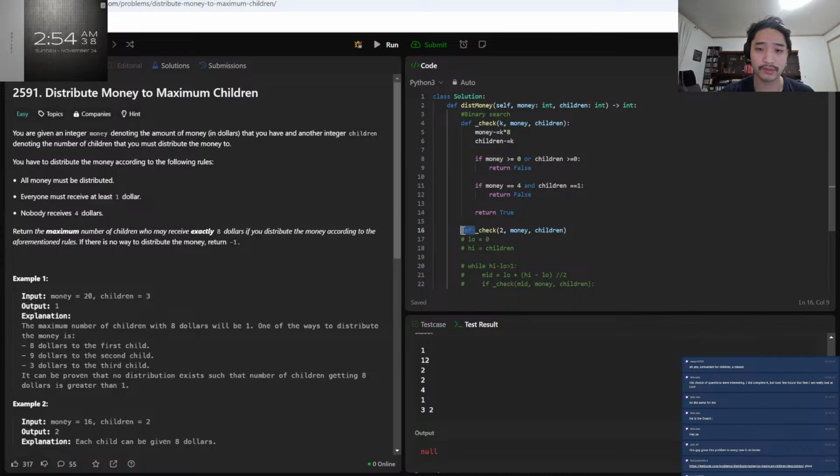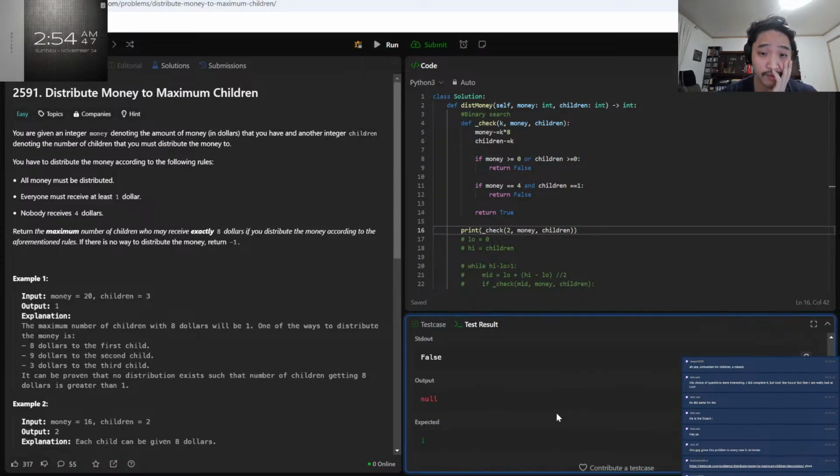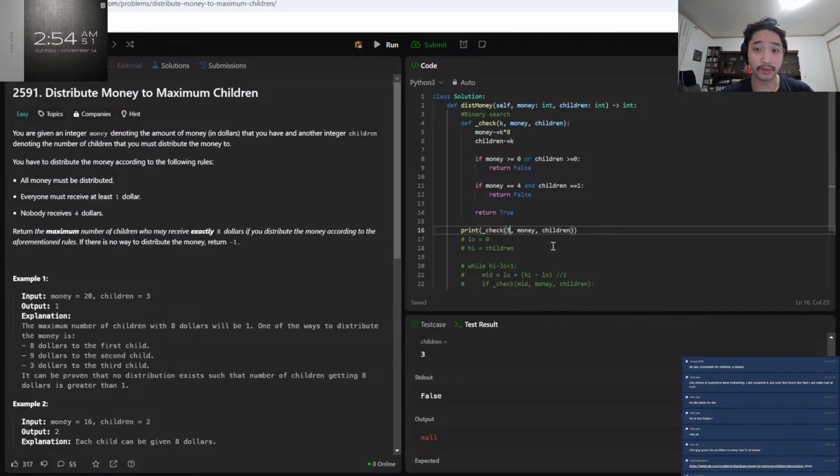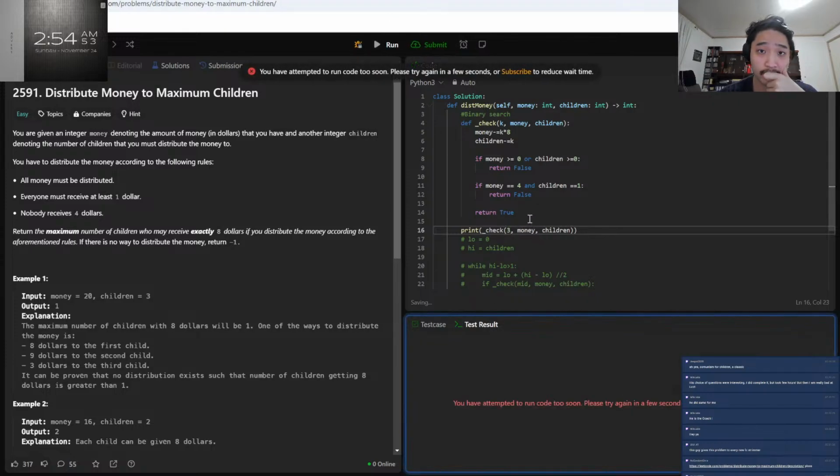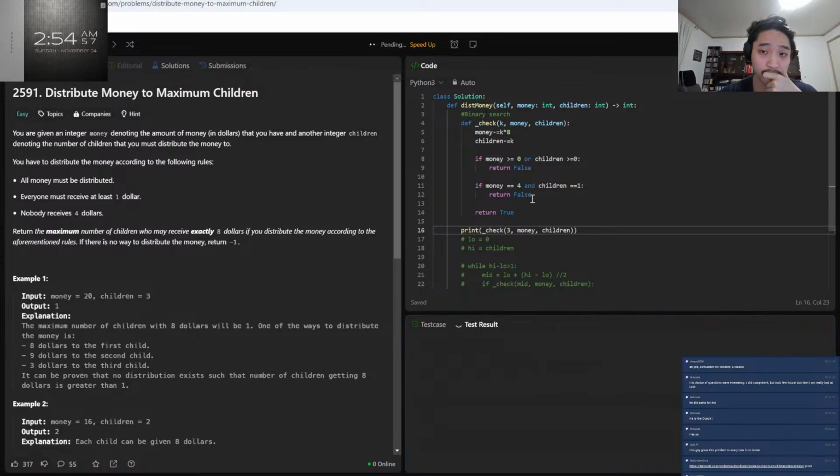Oh, and not def, just print. This should be false. Yeah, it's false. What's the issue with 3 though? I would assume 3 becomes true for some reason.